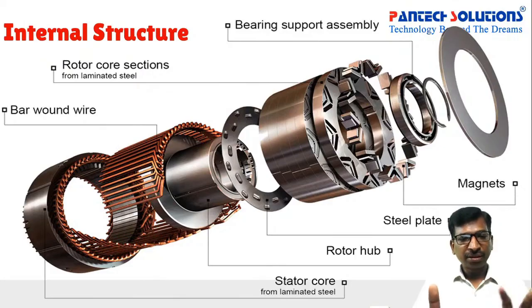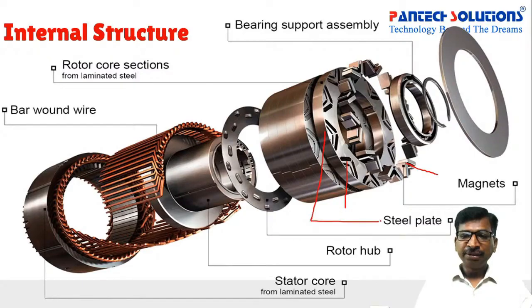So similarly, we can choose whatever we want. And after that, the rotor-stator assembly will be there. And inside the rotor hub, see here, magnets. These are all the magnets, and these are all the magnetic housings. Again, it is a steel plate. Inside the steel plate, these magnets are going to be placed.